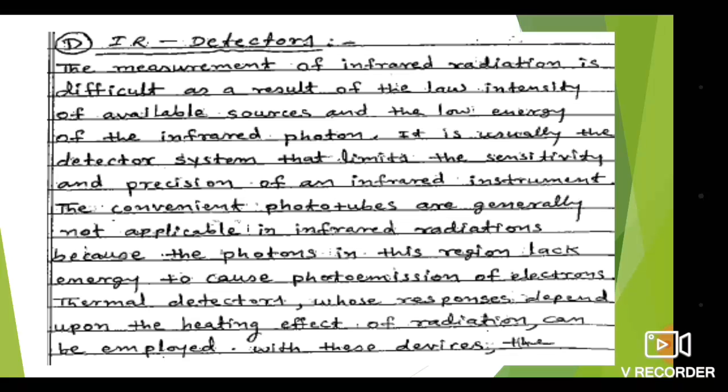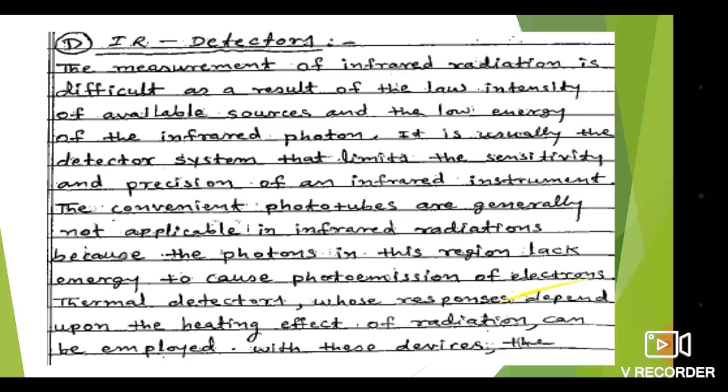So here we cannot use the phototube you have used in the UV-visible spectrophotometer. The thermal detectors, whose responses depend upon the heating effect of radiation, can be employed. So here the alternative is the thermal detector.